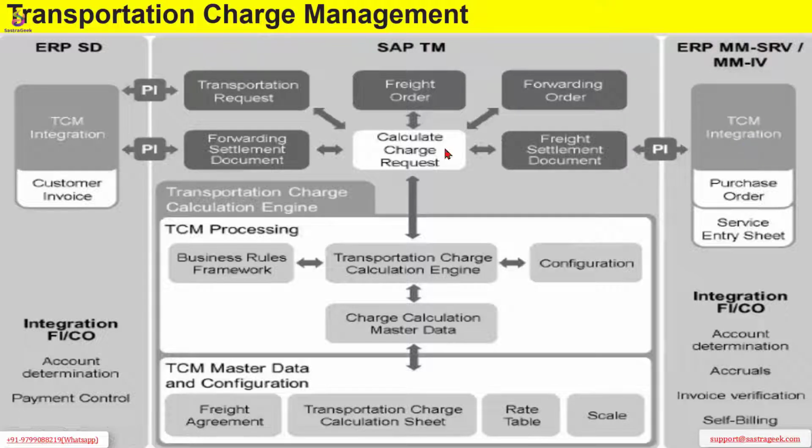In MM, the TCM integration is to generate the purchase order and the service entry sheet. This purchase order is classified as a service purchase order, and the service entry sheet has a list of all those services you avail.